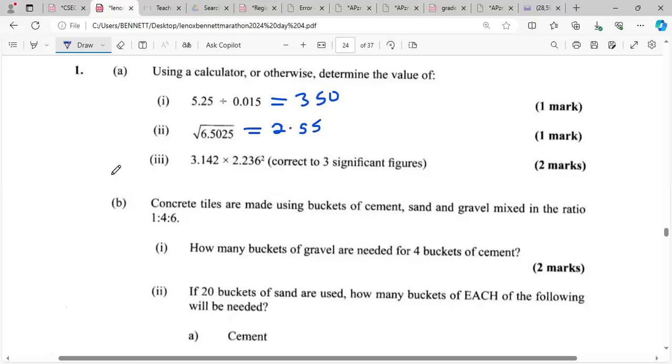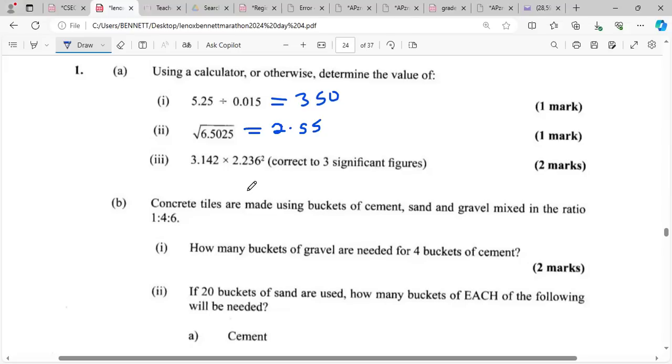Alright, the next one says 3.14 times 2.236 squared, correct to 3 significant figures. So I'm going to do it step by step. I'm going to square it first, because according to the BODMAS rule, that's what we're supposed to do.